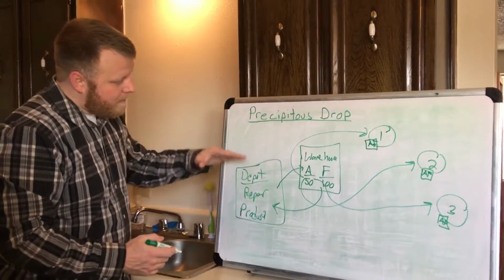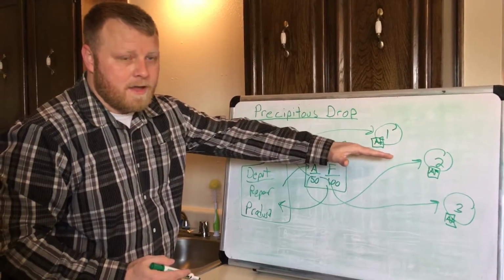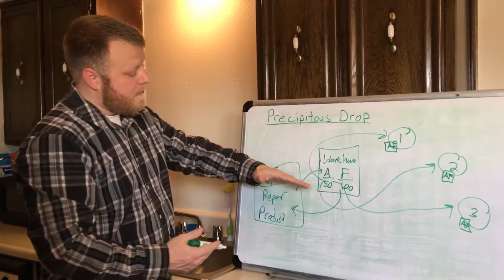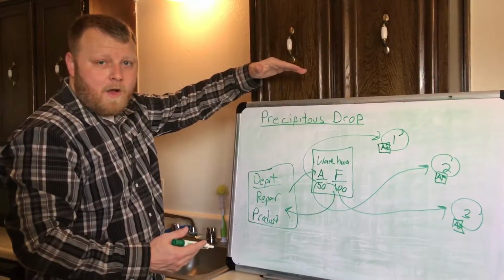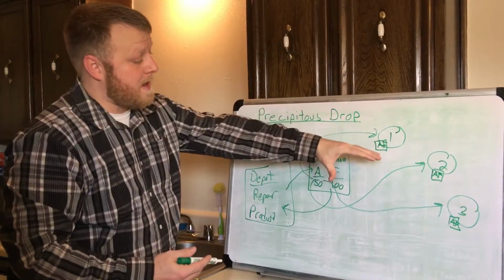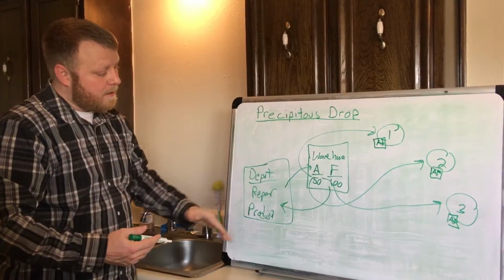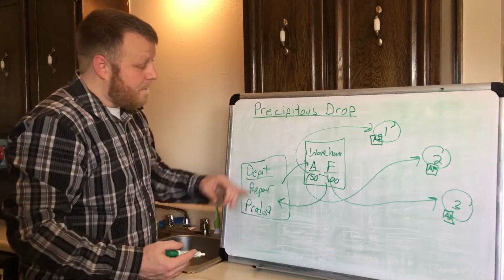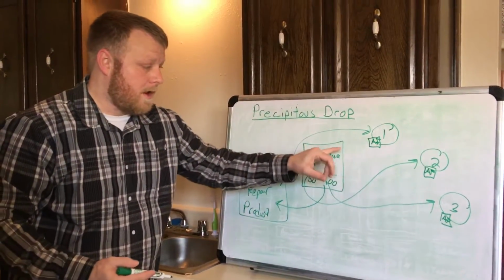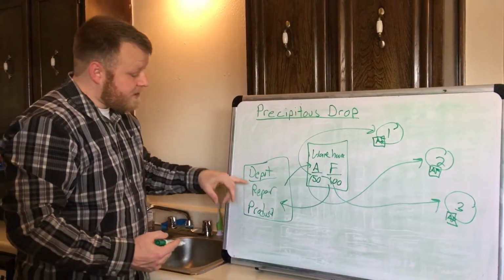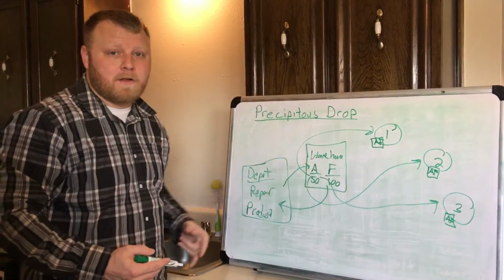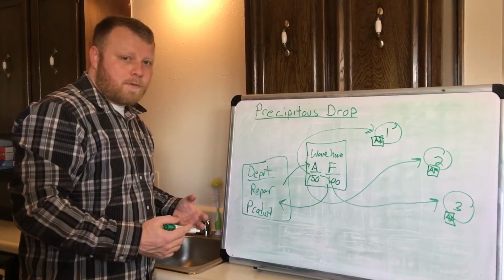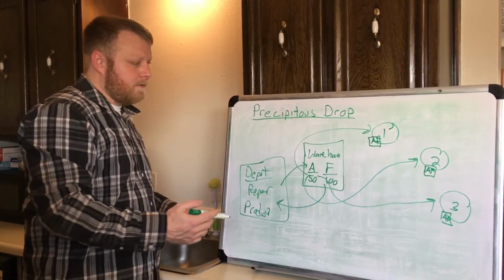So if you're not repairing at the same rate as your demand rate, you're either going to repair higher, which will bring your A's in your warehouse up from 50 to 60 to 70 to 80, or if the repairs are less than the demand, it brings your A-condition balance down. As that A-condition balance goes down, because of the demand level at the field, and your production never changed to match that demand, that's called a precipitous drop.